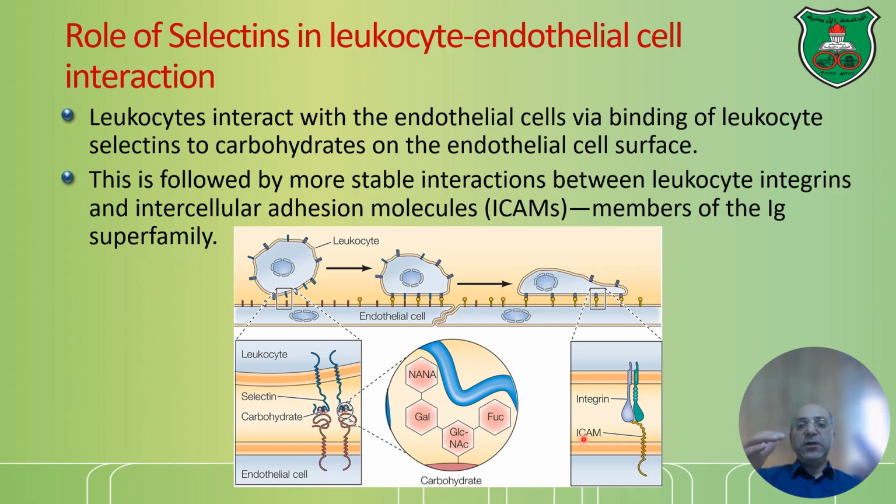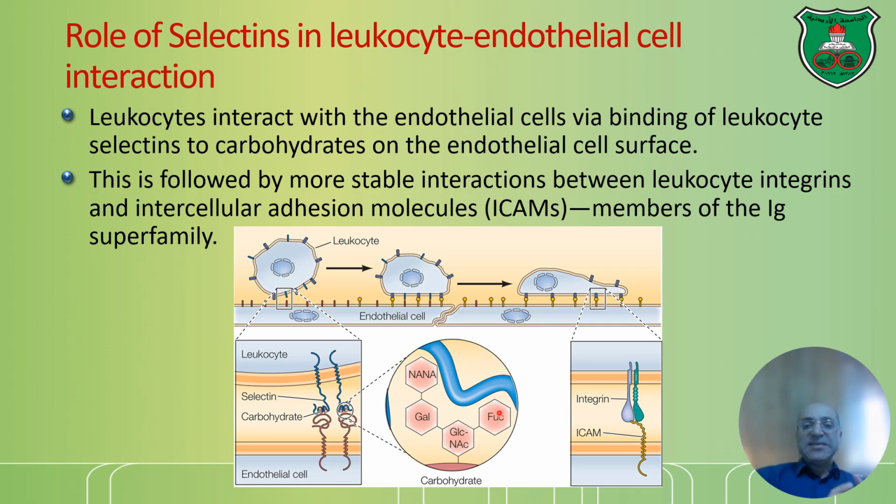Okay, so initially, leukocytes are swimming fast, and then interaction happens between the selectins and the carbohydrates on the surface of endothelial cells. So these leukocytes slow down. When they slow down, you have another interaction that takes place between the integrins on the surface of leukocytes and ICAMs on the surface of endothelial cells.